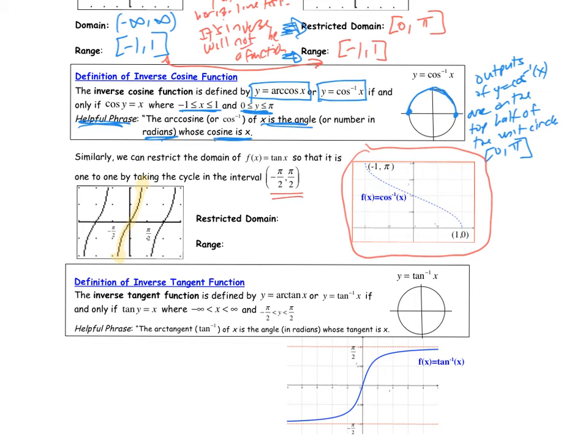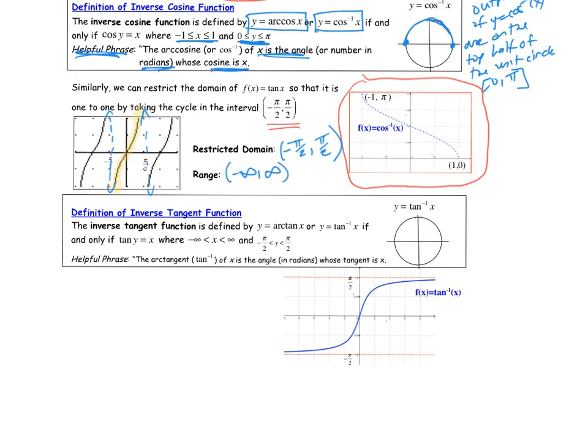Clearly, we can see that this function is not one-to-one, so we need to restrict it. The restricted domain is going to be the open interval from negative pi over 2 to pi over 2. The endpoints are not included, right? Those are where the vertical asymptotes occur in the parent function. The range is all real numbers, right? Because we're going from negative infinity to positive infinity.